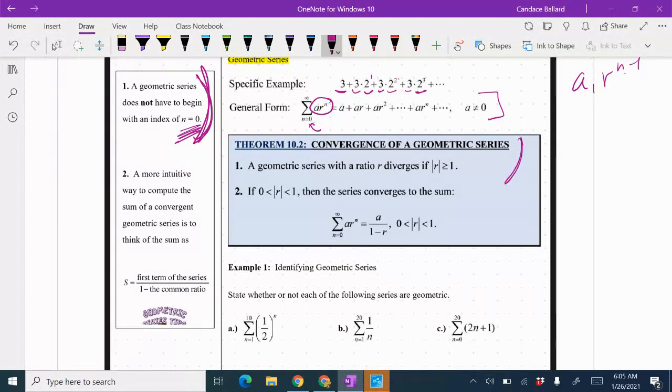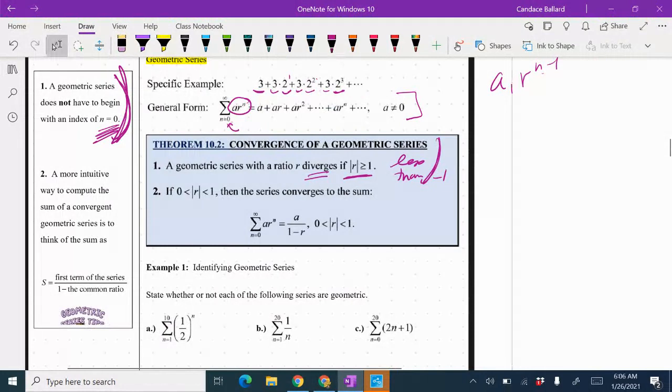The convergence of a geometric series. A geometric series with a ratio whose absolute value is greater than or equal to 1 will diverge. Another way to say that is that if the ratio is less than or equal to -1 or greater than or equal to 1, it will diverge.